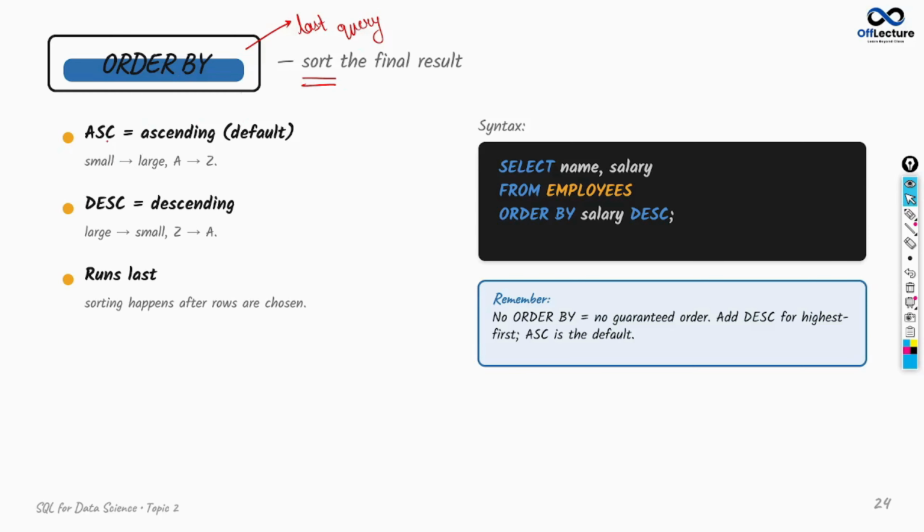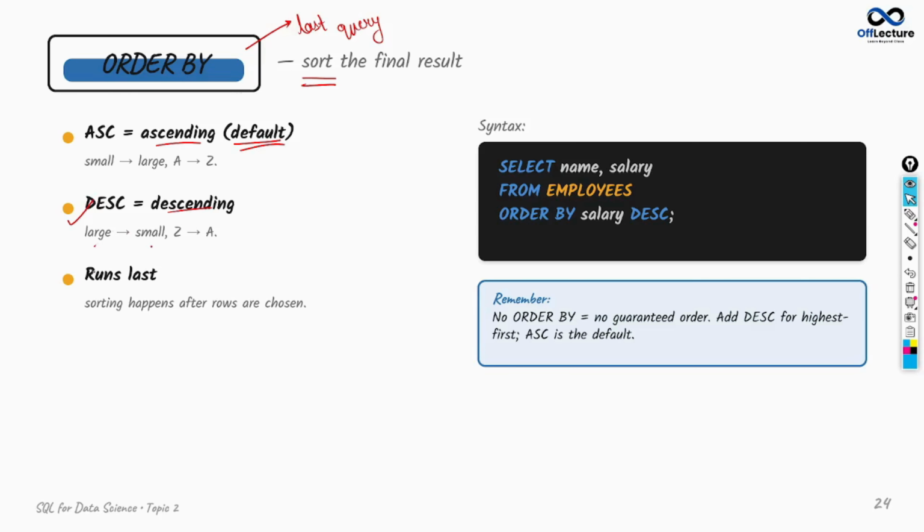ASC is used for ascending, and it is the default case. That is, if you use ORDER BY without any condition, it will sort your data in ascending order. If you write DESC, that is for descending, it will order your data in descending order. If you are applying it on a number, it will order from large to small.